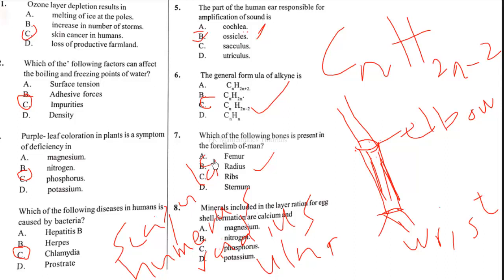So the correct answer is phosphorus, C. So we had phosphorus in number 8 and number 3.